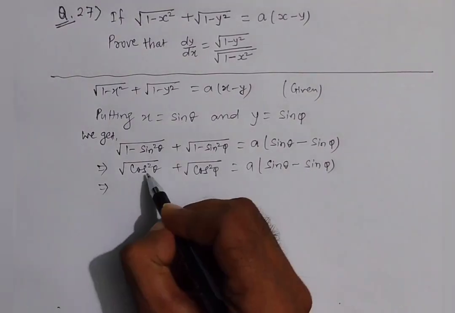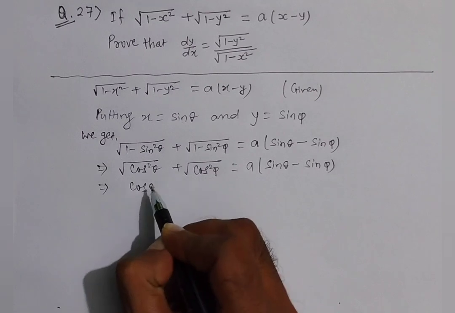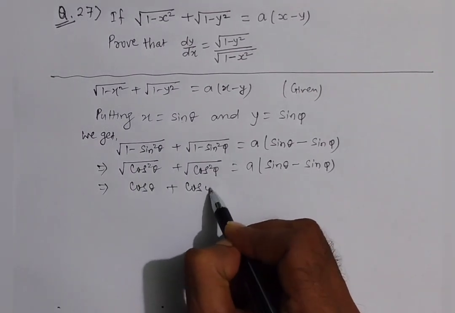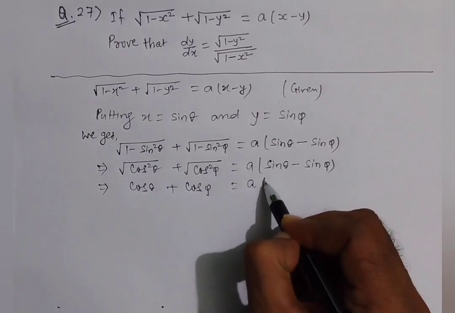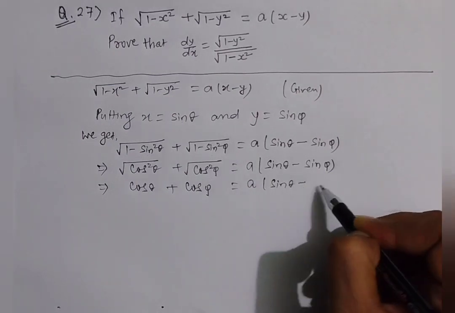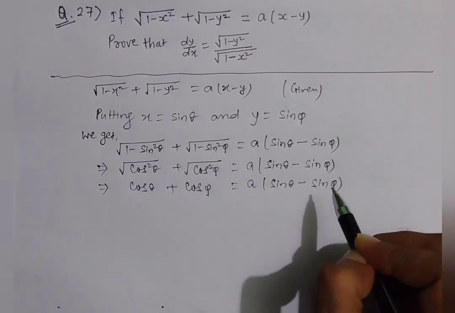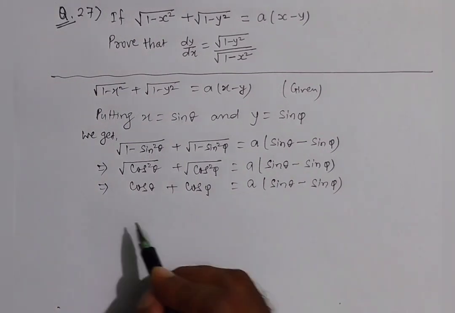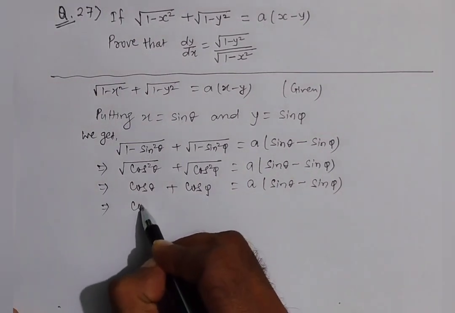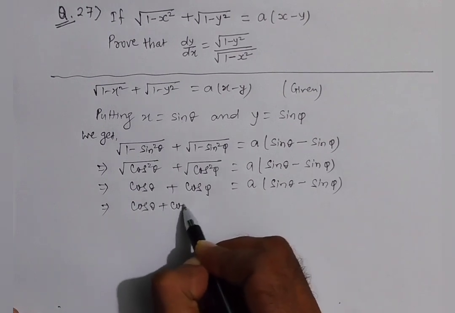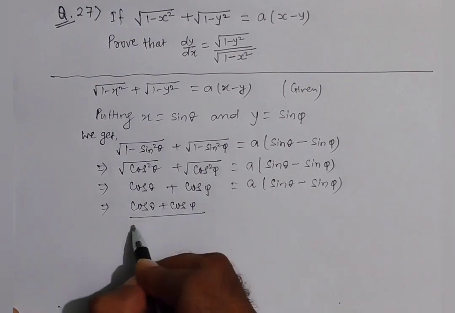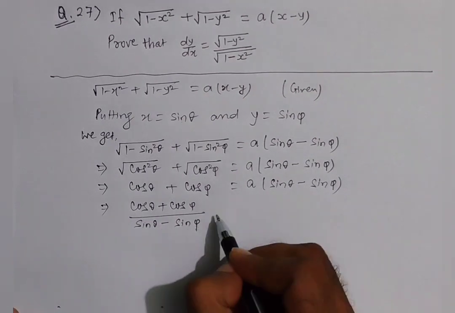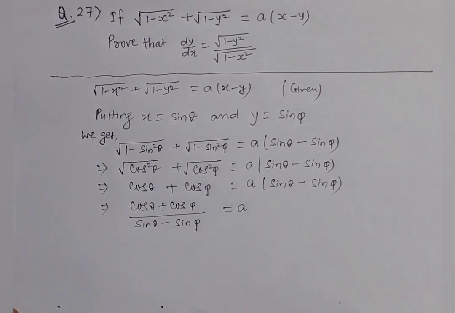Now this we can write as cos theta, if you simplify, and this is cos phi, equals a into sin theta minus sin phi. Now what we can do, we can shift this sin theta minus sin phi to LHS. So we will get cos theta plus cos phi upon sin theta minus sin phi equals a.